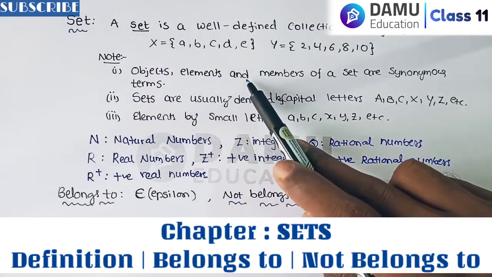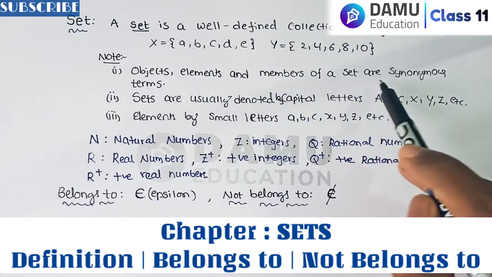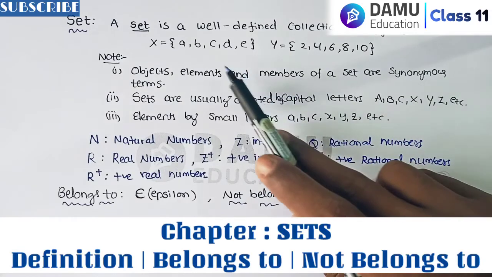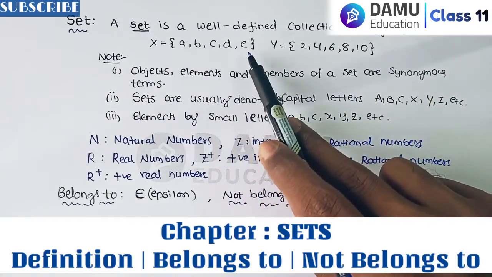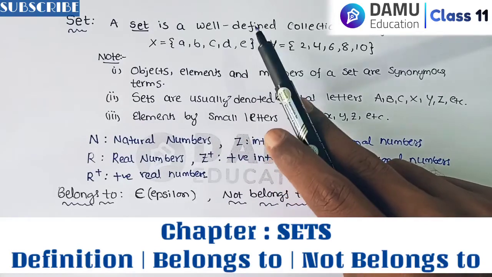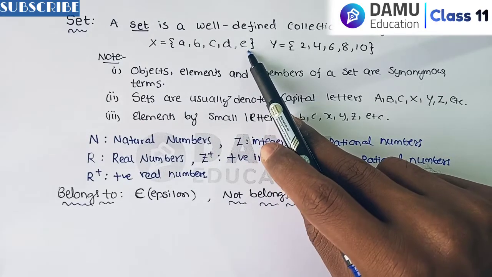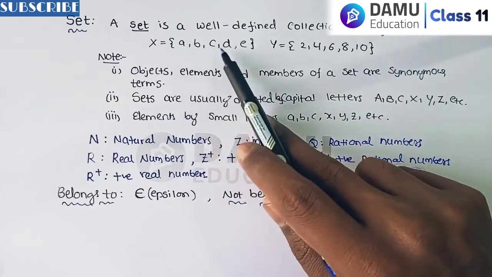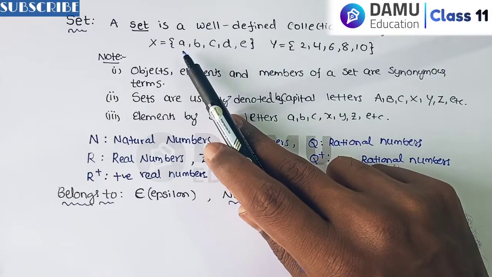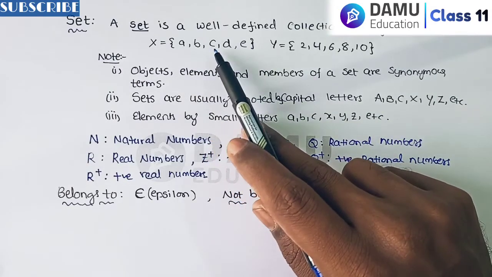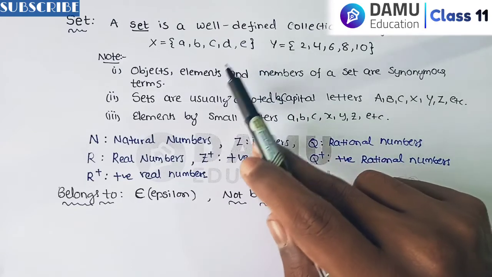Objects, elements and members of a set are synonymous terms. So here A, B, C, D, E are the collection of the first five alphabets. A is one object, B is one object, C is an object, D is an object, E is an object.